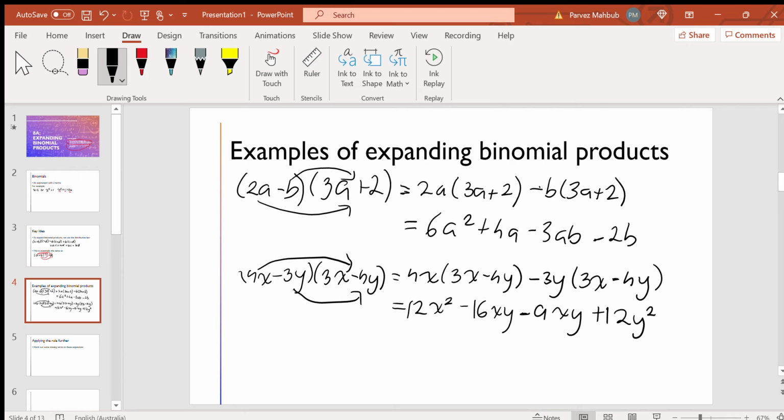And this has two like terms which we can combine. So this becomes simplified 12x squared minus 25xy plus 12y squared. That is our final product.